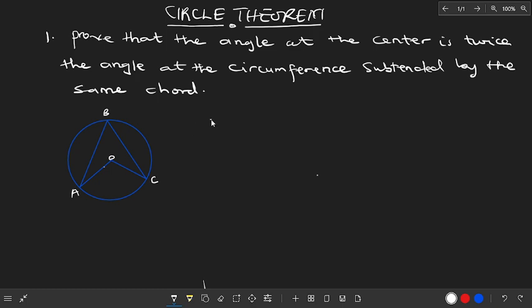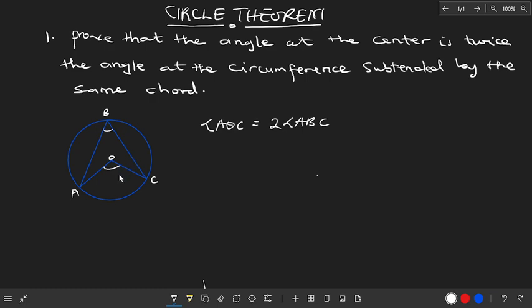So we want to show that angle AOC is equal to 2 times angle ABC. That is what we are going to do today. So we want to show that this angle here is twice this angle.